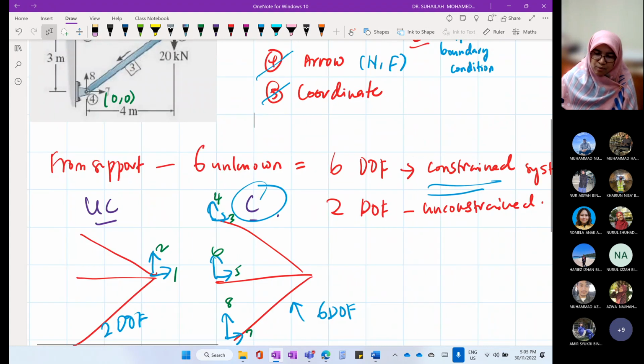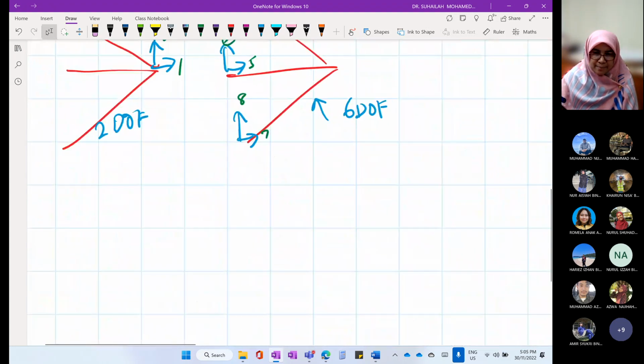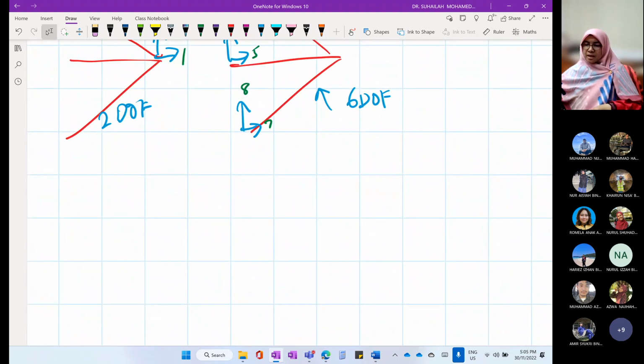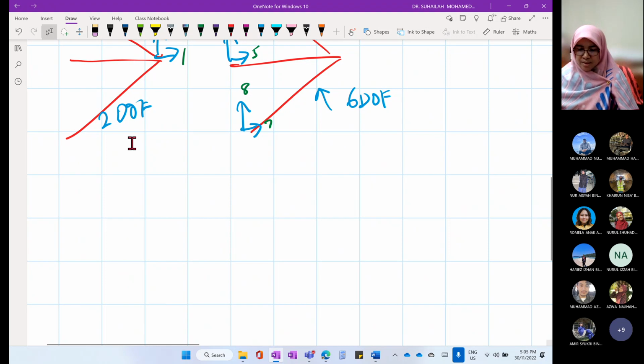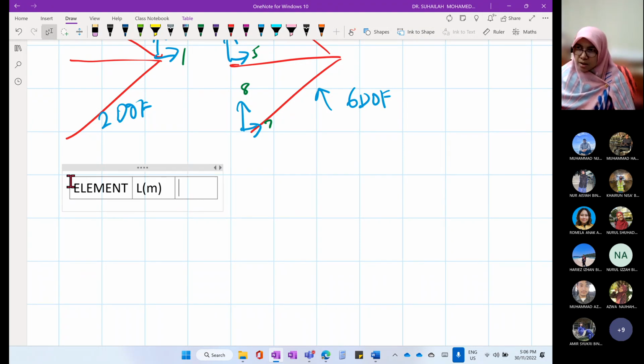Since we have 1, 2, 3 elements, I want to summarize Cx and Cy in table form. Okay, we will start with element, and then L. Okay, we have Cx and Cy.